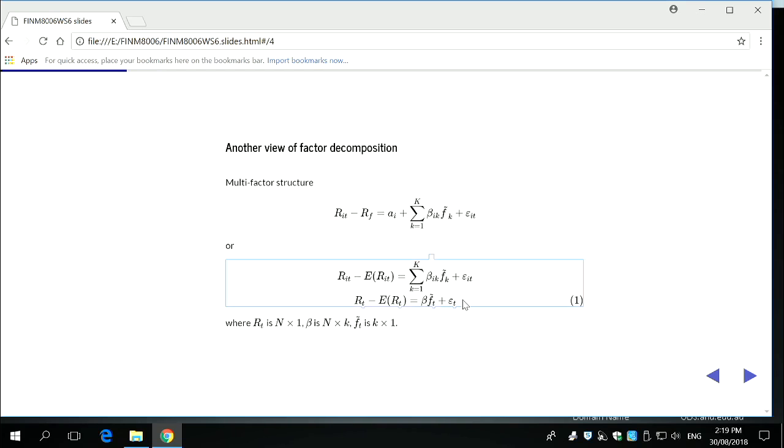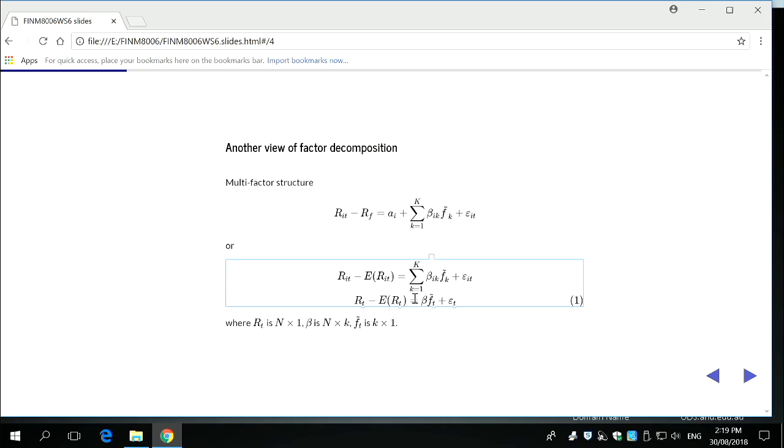Because we know, if you look at this equation, right? If we don't have error, or this becomes exact form, and we know the excess return here, we have n equations of this, right?